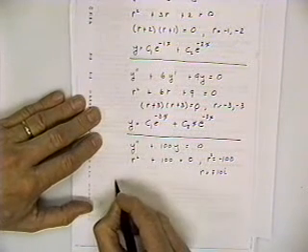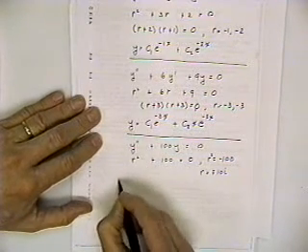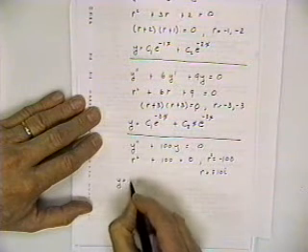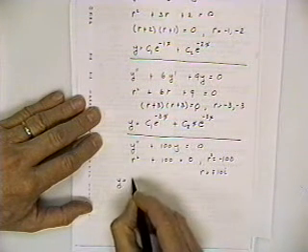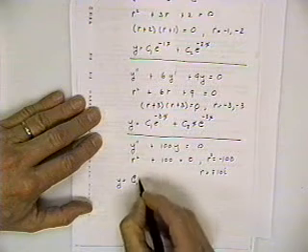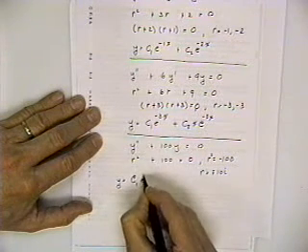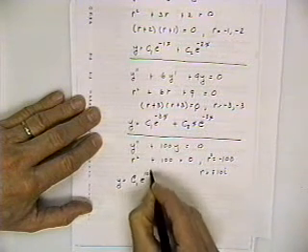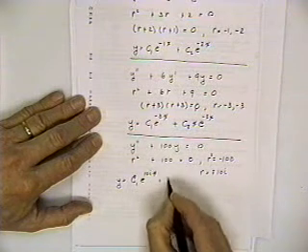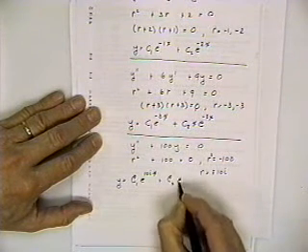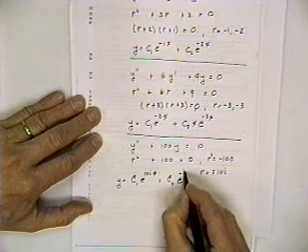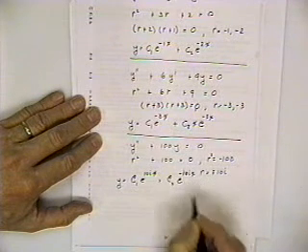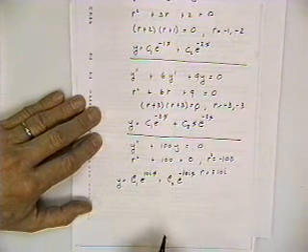Now, yes, that does give you a solution of the form y equals a constant, script c1 e to the 10ix plus a script c2 e to the minus 10ix. It does give you that answer.